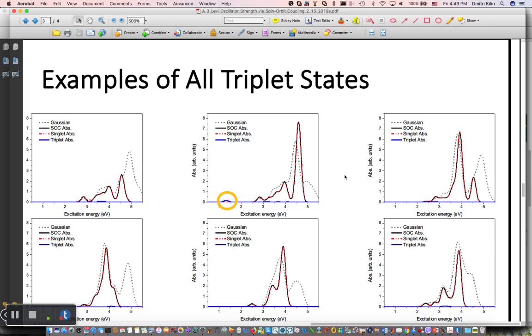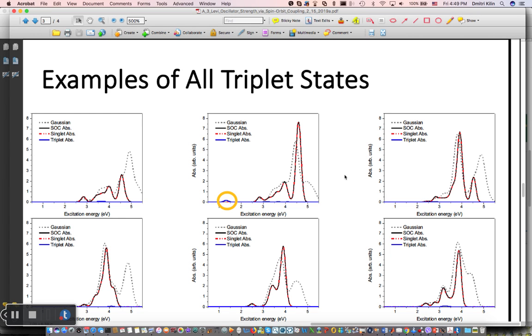And it looks okay. It's really probably this energy degeneracy, in these cases, because that is almost a delta function depending on the state. And if you look, the blue here is the triplet absorption. So taking the triplet oscillator strength, broadening it to a Gaussian, and then plotting it.